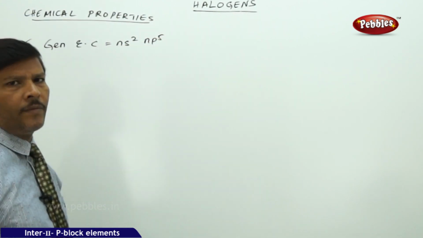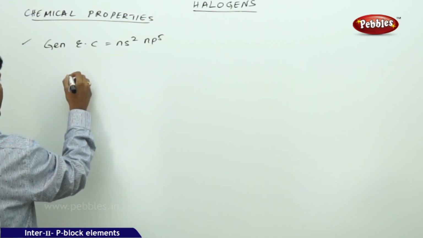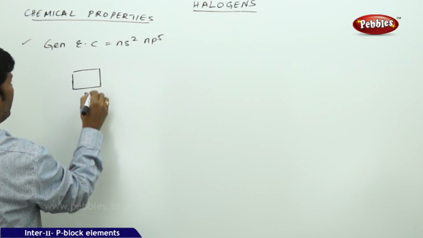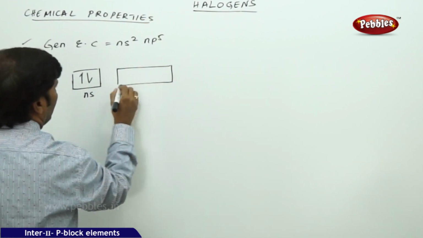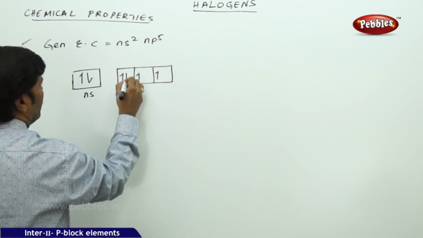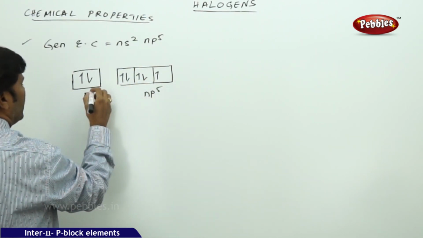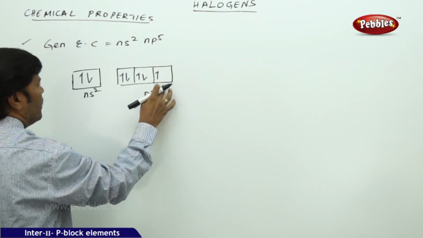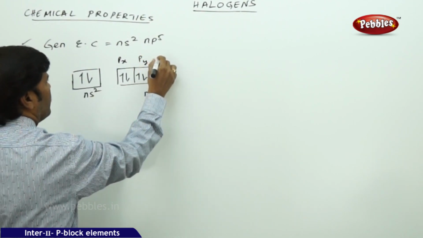If you take the ns sublevel, it contains 2 electrons, and np5 has 1, 2, 3, 4 and 5 electrons, which you can write in the form of px, py and pz.